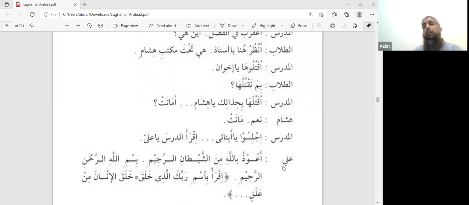Ali then reads, A'udhu billahi minash shaitanir rajim. I seek refuge, billah, with Allah, minash shaitan ar-rajim, from shaitan, the rejected one. Bismillah, in the name of Allah, ar-Rahman ar-Rahim, the beneficent, the merciful.